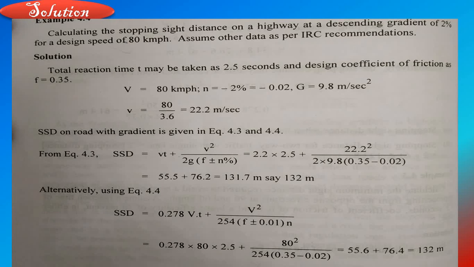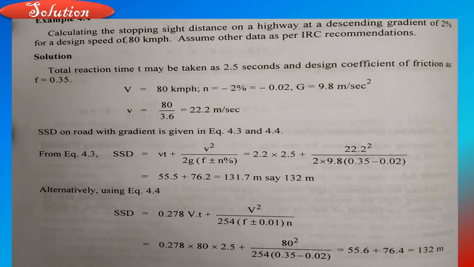So here the lag distance is 55.6 plus braking distance is 76.4. So here the complete value is 132. So guys, we are doing two methods here. In the first case we get 132 meters, and in the alternate method we also get 132 meters.